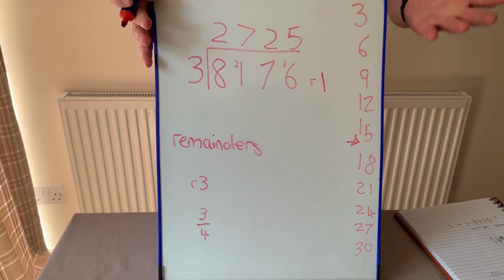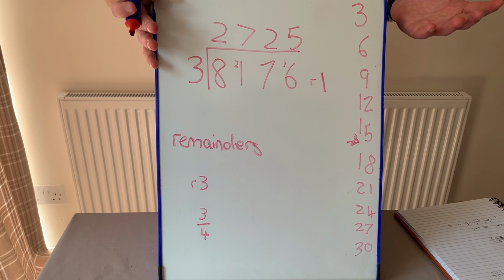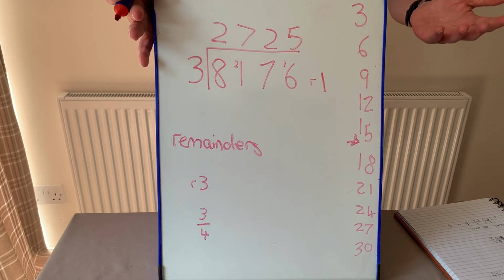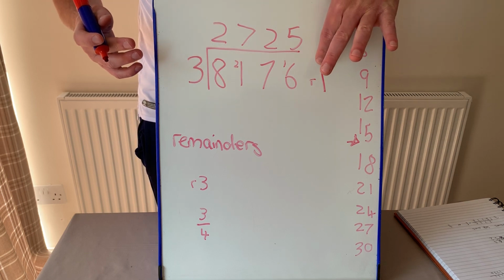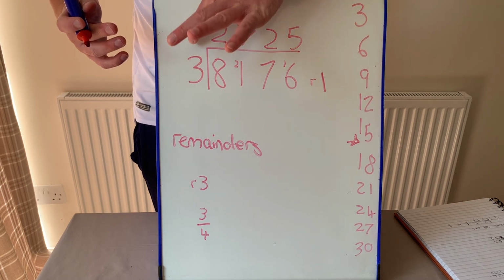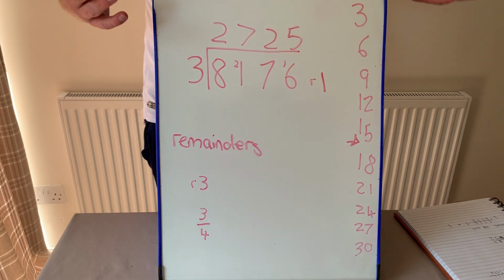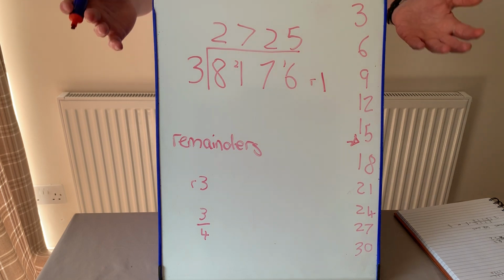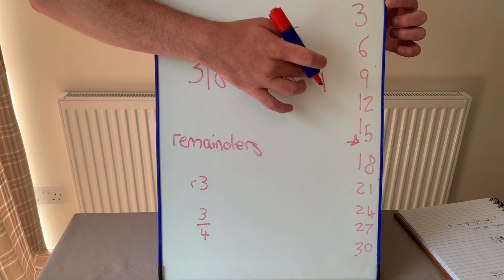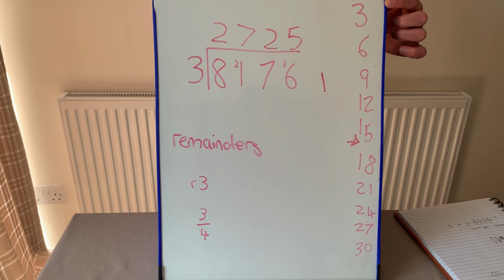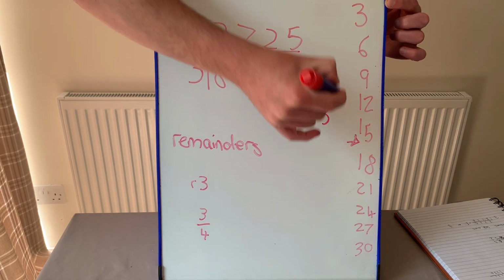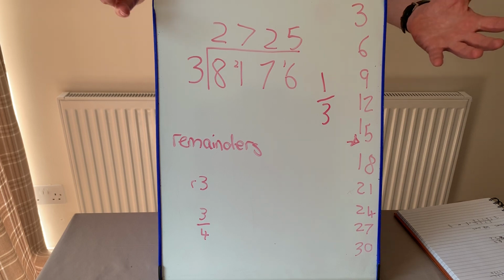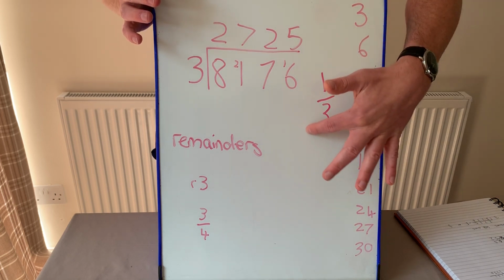But sometimes if you get a question, it might ask you to show your answer as a fraction. So what we need to do is look at how many we've got left over and what we were dividing by. And it's really, really simple. All you are going to do is say, I've got 1 left over, and I was dividing by 3. The reason that we can do that is because we know loads about fractions.